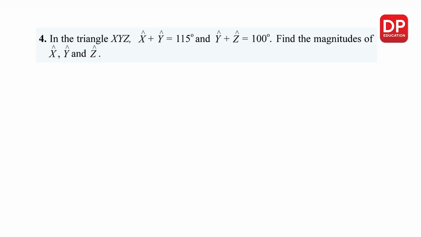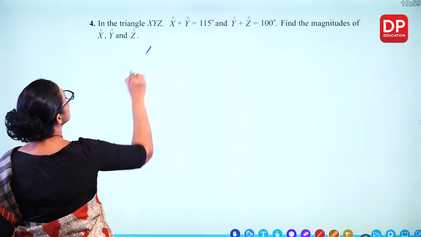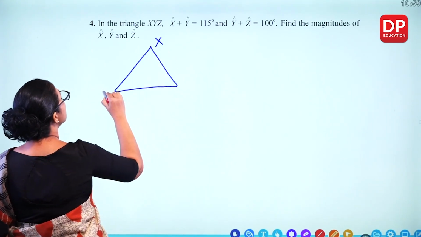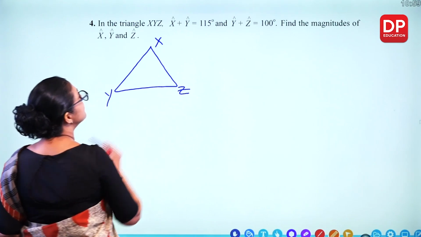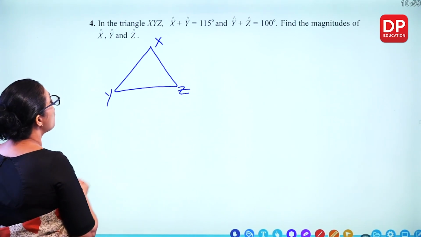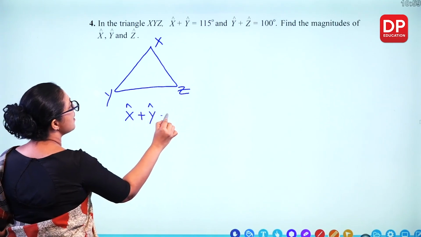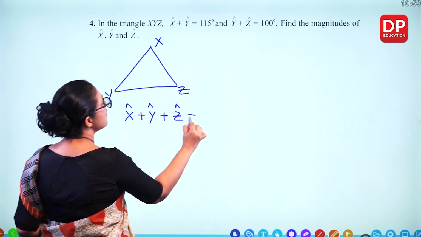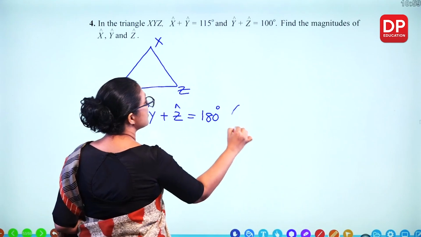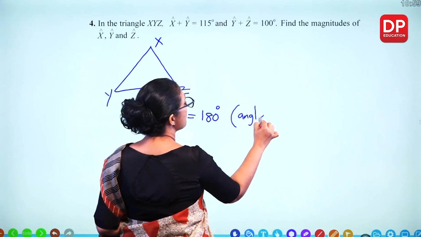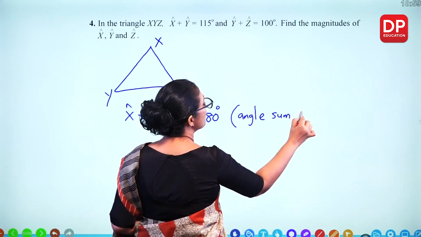Question number 4. In the triangle XYZ, x plus y is 115 and y plus z is 100. Find the magnitudes of XYZ. XYZ is a triangle. We know x plus y plus z is 180, angle sum of a triangle.